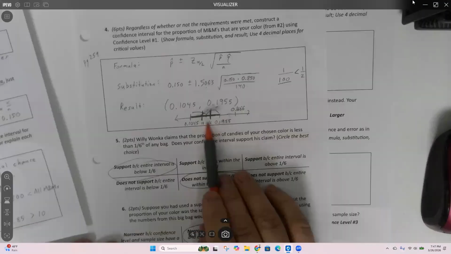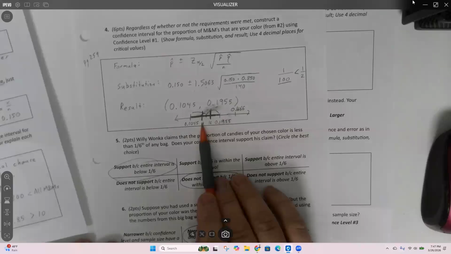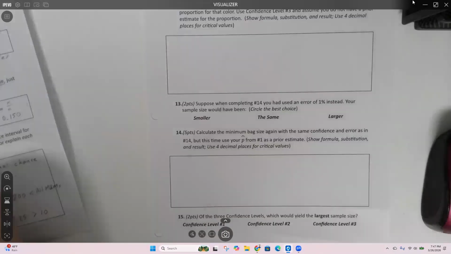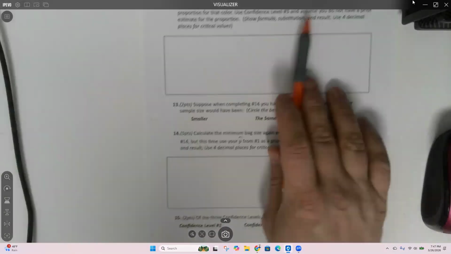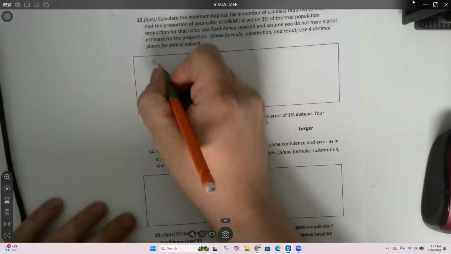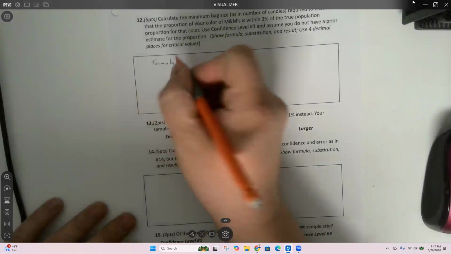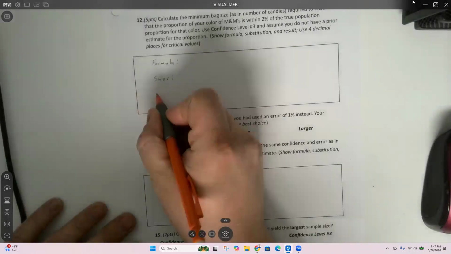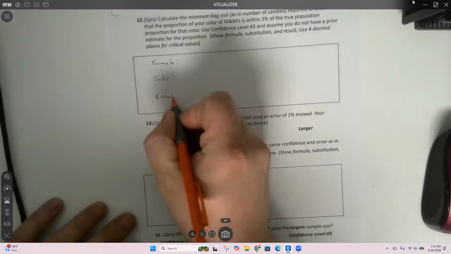So I would be okay if it's like from 13 to 17. So I want a narrower confidence interval. So to do that, I need to show my formula. I need to show my substitution and my results.